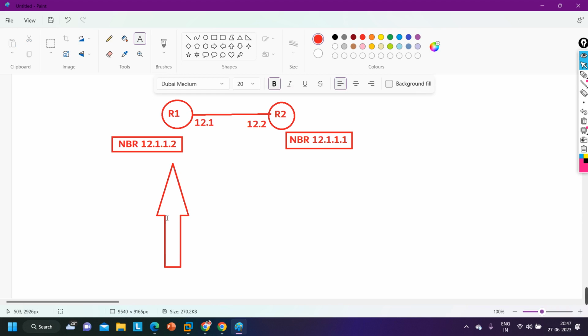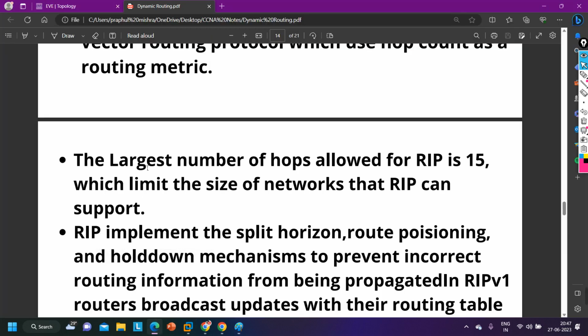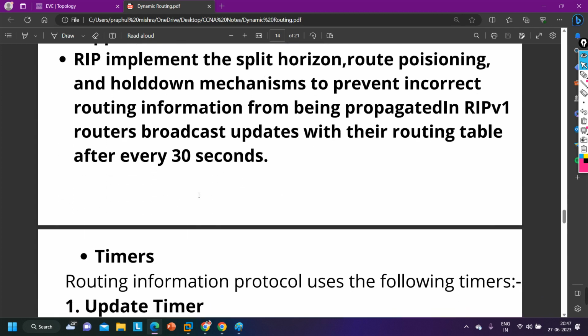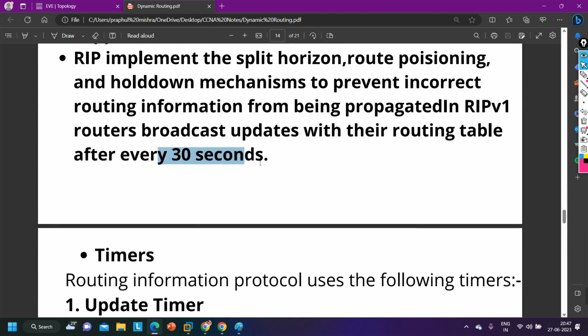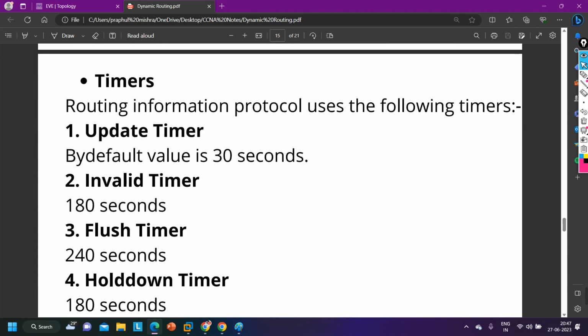So in RIP version 1, we were sending updates on the broadcast address. After every 30 seconds, this is the update timer. RIP always sends an update message after every 30 seconds.